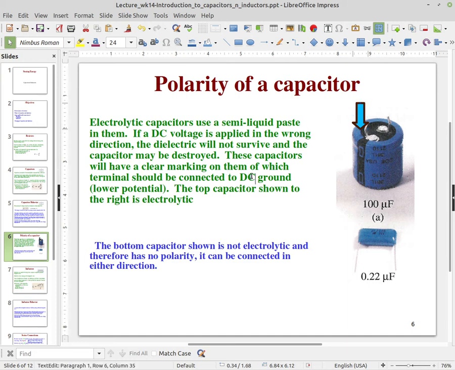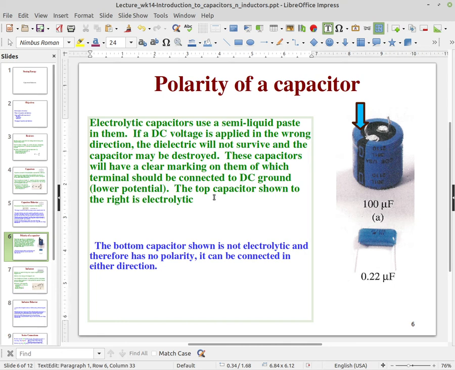If you're wiring this up into a DC circuit, you need to make sure that the negative side of the capacitor is wired to, it doesn't actually have to be ground, but to the lower potential within the circuit, so that you have the polarity across these connectors correctly.